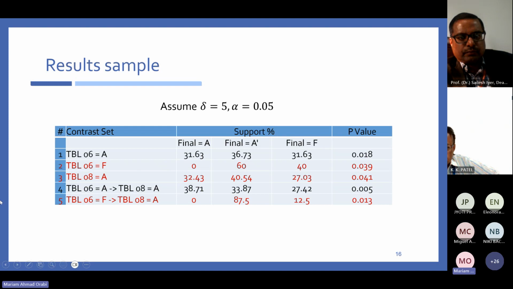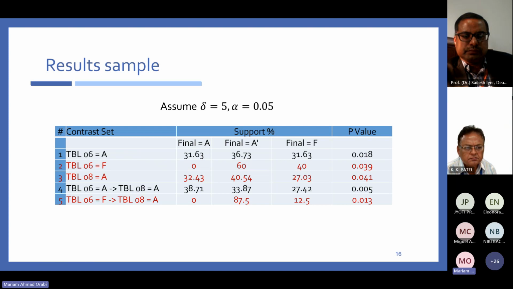For example, if a student failed TBL number 6, then they have a very high probability of having not A on the final exam.